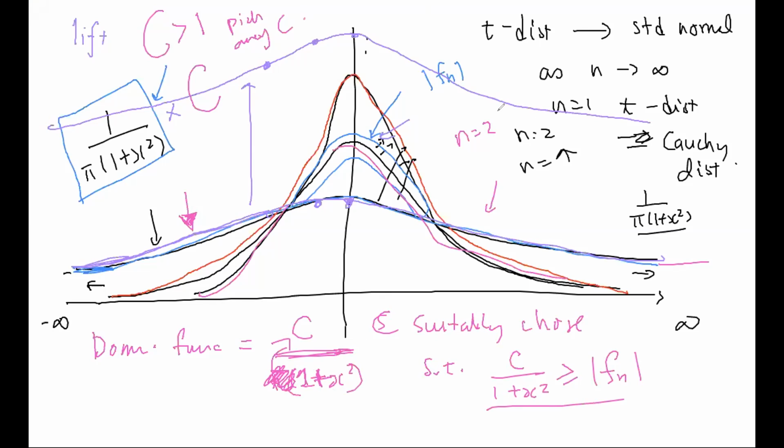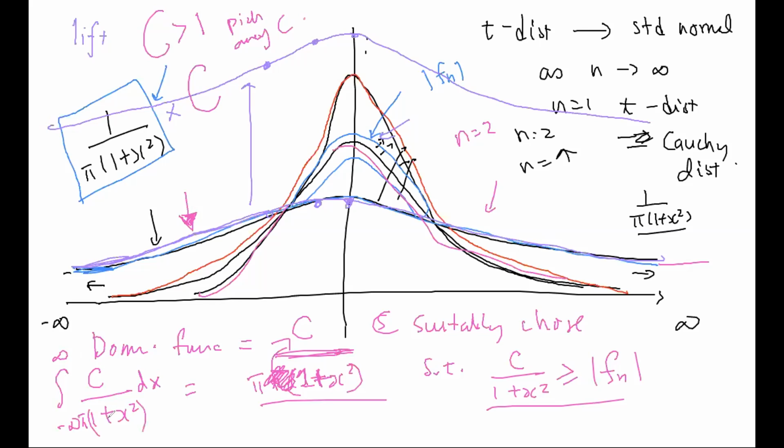Just lift it up. And is this integrable? Yes, of course it's integrable, because you integrate this from minus infinity to infinity. Well, if you keep the pi here, maybe it's easier to keep the pi there.